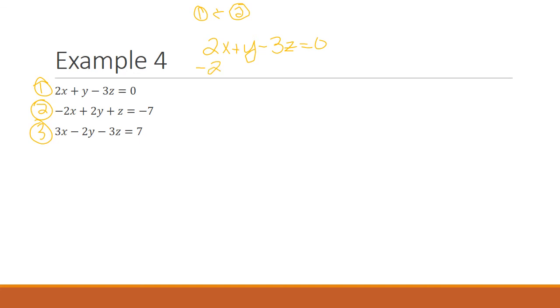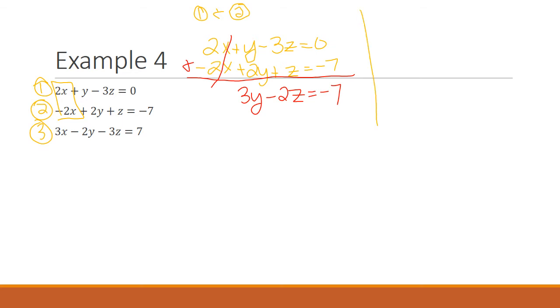I've got minus 2x plus 2y plus z equals negative 7. And in this case, I don't have to multiply by anything because I can see my x's will cancel out. So I'm going to add these together. My x's cancel out. I'm left with 3y minus 2z equals negative 7. So just adding vertically there.